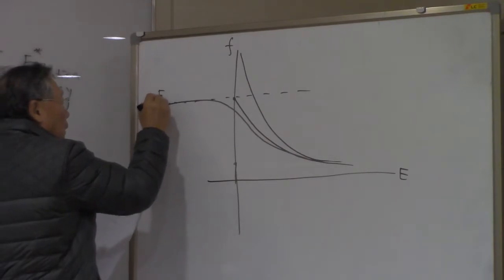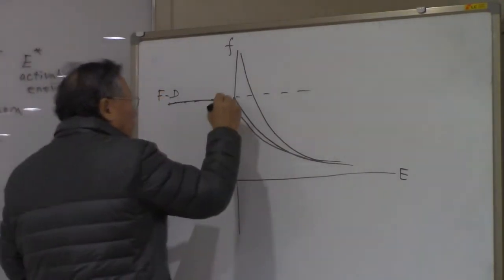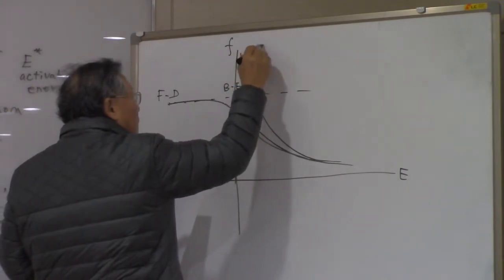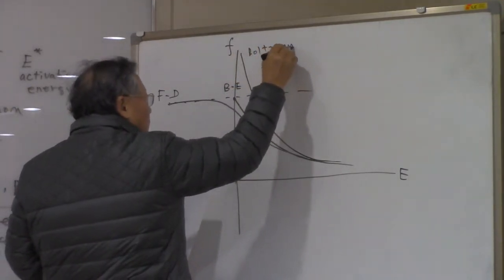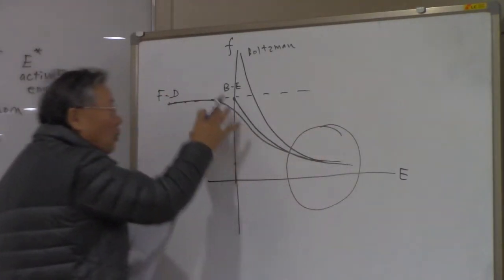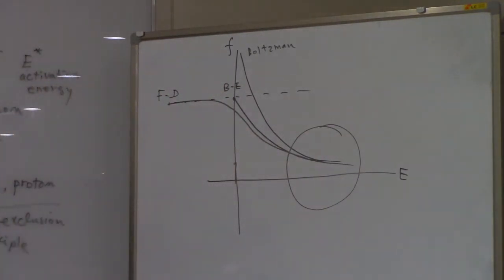This is a Fermi-Dirac, and this is a Bose-Einstein. This is a Boltzmann. The important thing here is that at high energies, all those three statistics approach the same probability. That is the important thing.